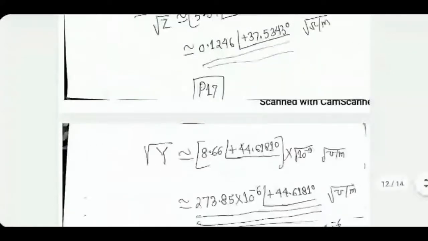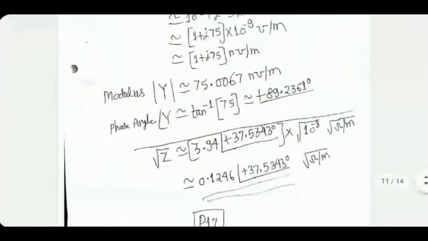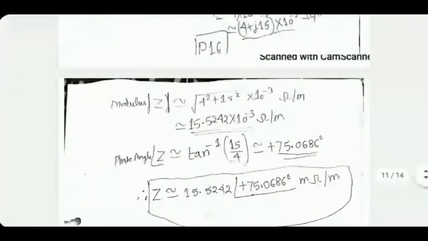And here, you better be careful, because the problem is square root of Z has to be calculated in square root of ohm per meter, while the value of square root of Z that you have got is in milli ohm per meter.